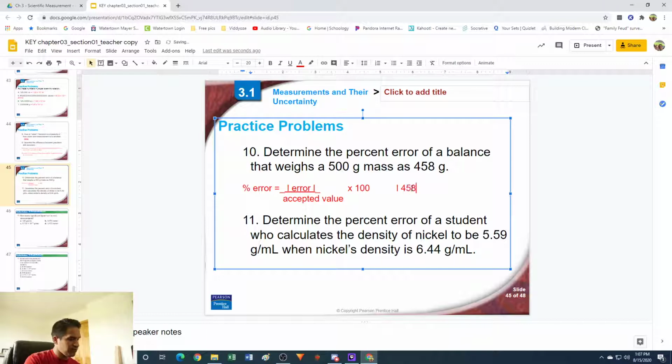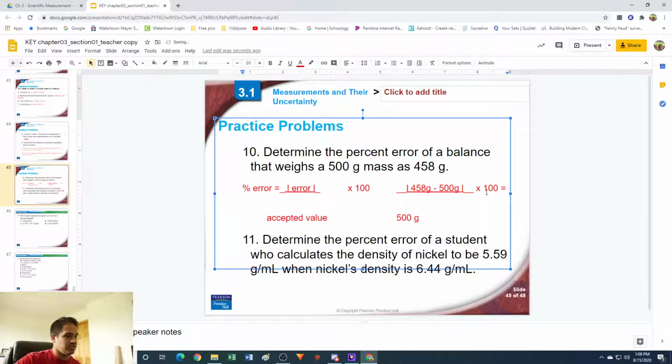So we'll have 458 grams minus 500 grams, and we'll take the absolute value of that. We're going to divide that by our accepted value. In this case, our accepted value is 500 grams. And then we're going to times that by 100 to get it into a percentage.